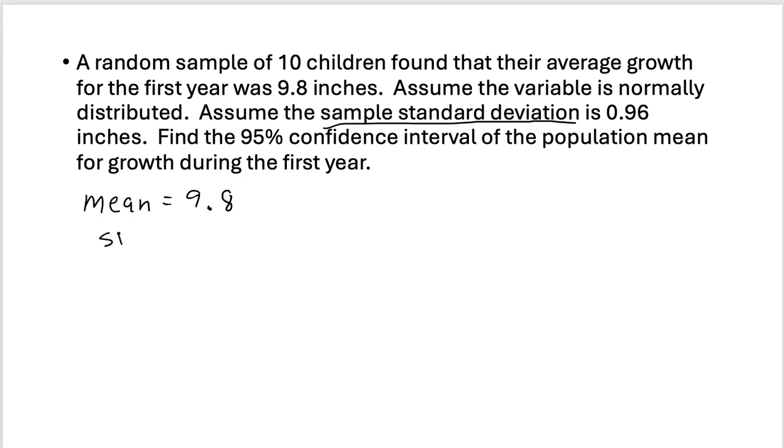So that means that I am going to be using a t-value for this problem. Because remember, anytime you have the sample standard deviation, that is a t. All right, and we want to find the 95% confidence interval, and then I'm going back, I forgot the 10. We have a sample of 10, so that's going to be the 10.